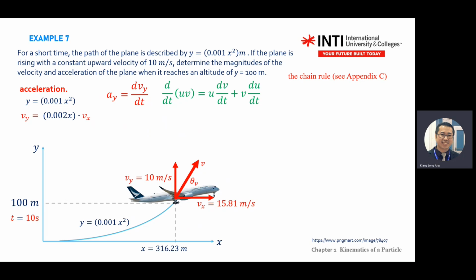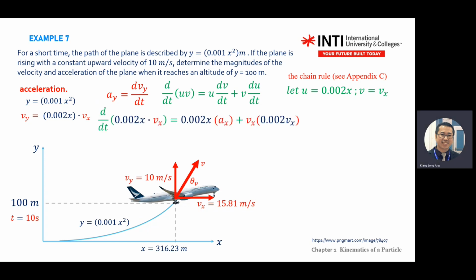This you learn in your mathematics. To use these rules, you need a boundary condition. You let u equal 0.002x. This is u. This is v.